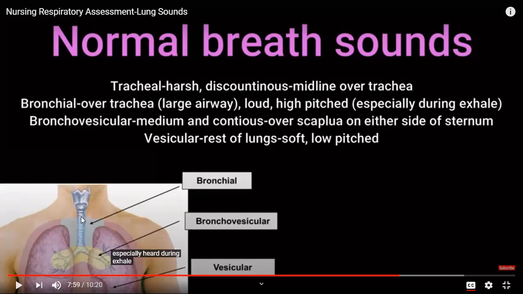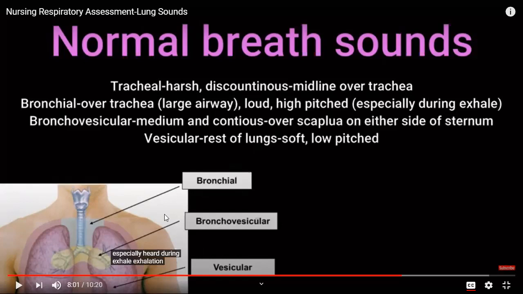That area is close to the midline, then this is a little bit farther, and the periphery is more distant. In the alphabet, the small b is close. So I remember the small b, bronchial, is close to the center.